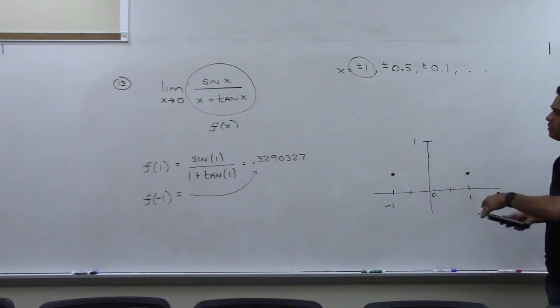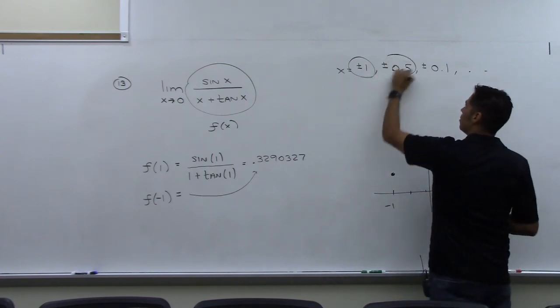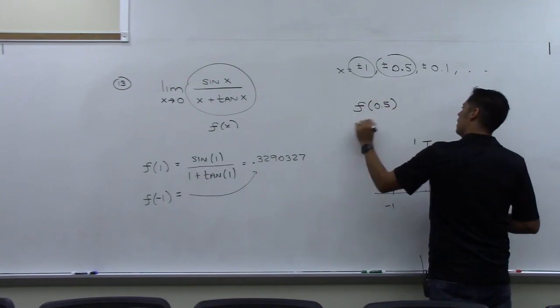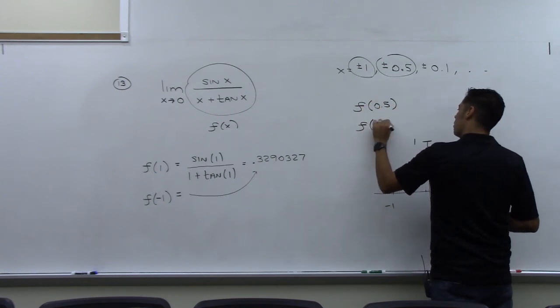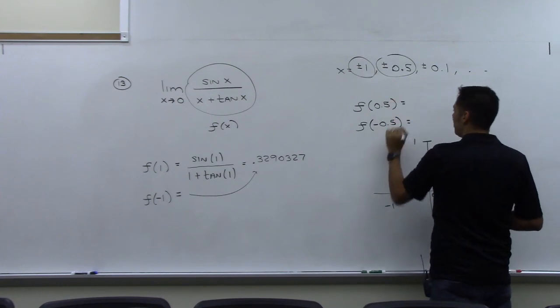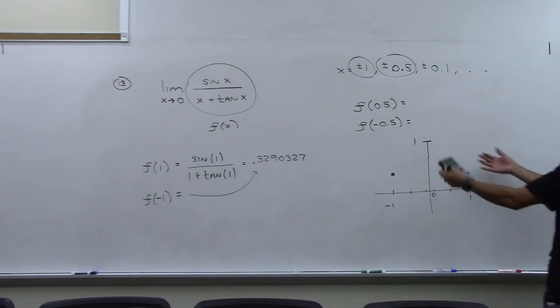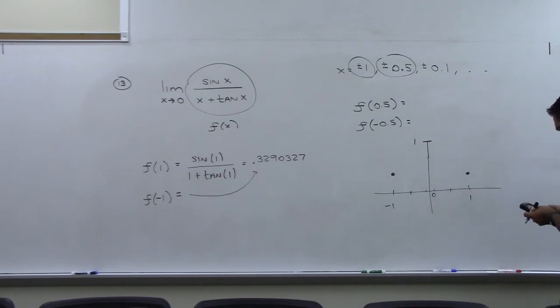So now I go in further. Let me try these two, f of 0.5 and f of negative 0.5. This is not a very efficient way to do this, but it's just to give you an idea what's happening graphically.